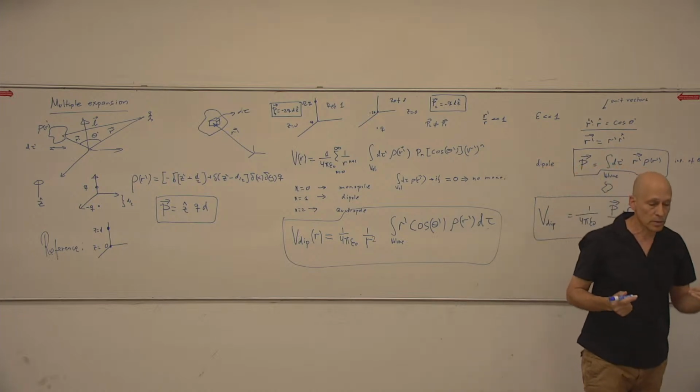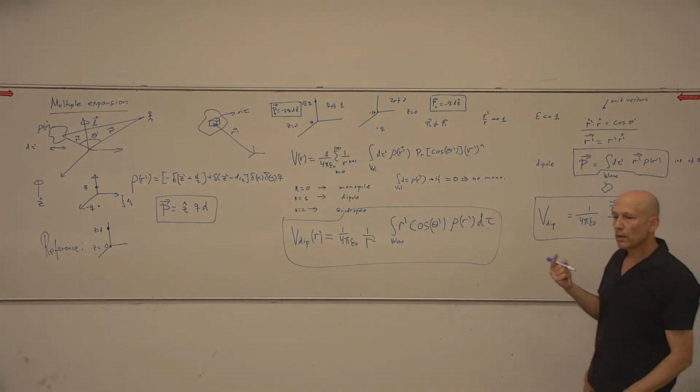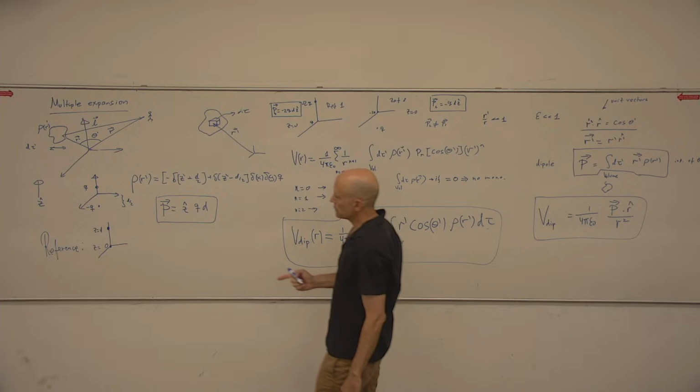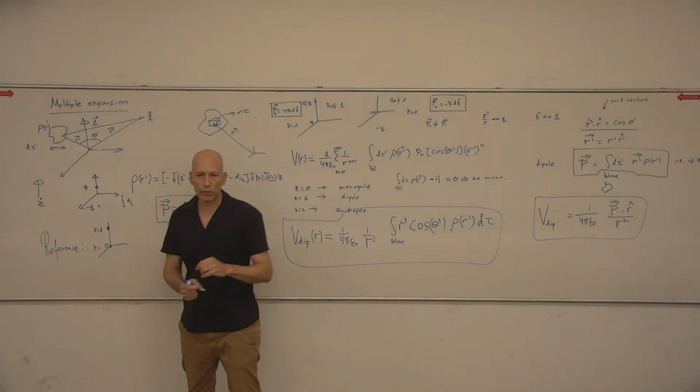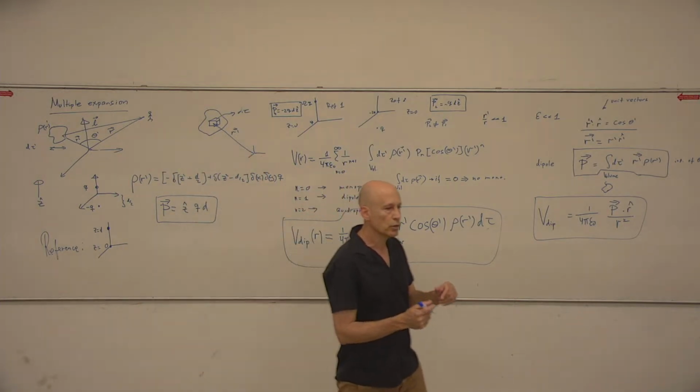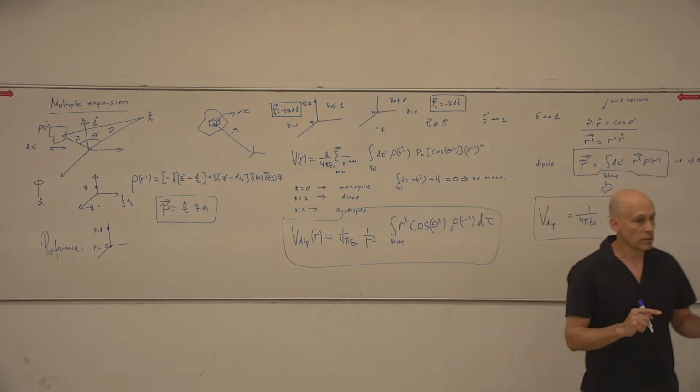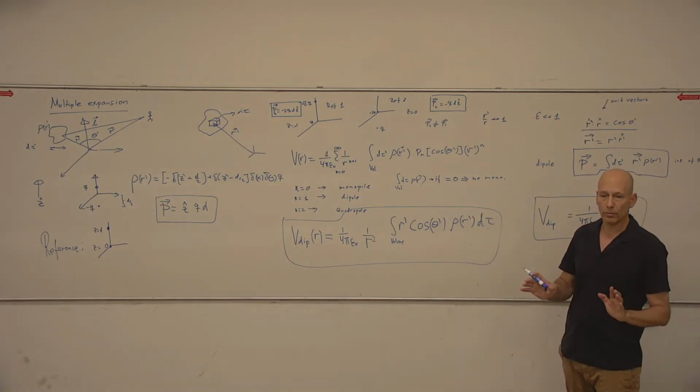So if the system is neutral, then, as I said here, the reference frame is not important for the calculation of p. But if it is charged, then you have to be a little bit careful. But then it's also very simple.